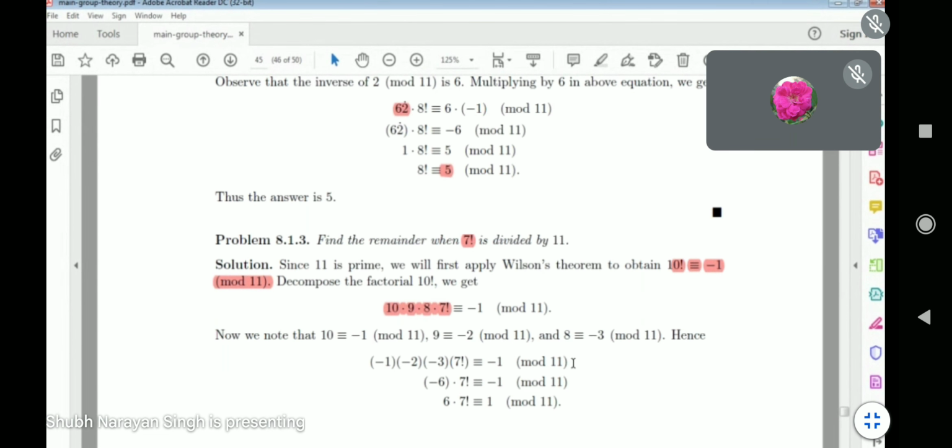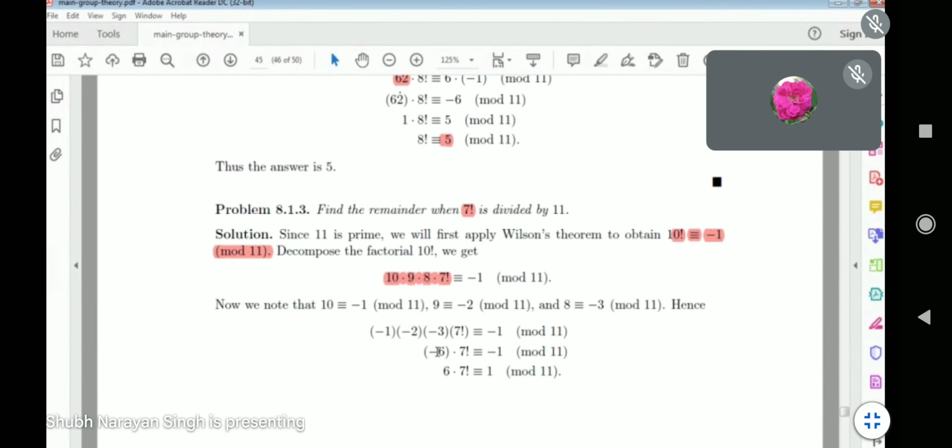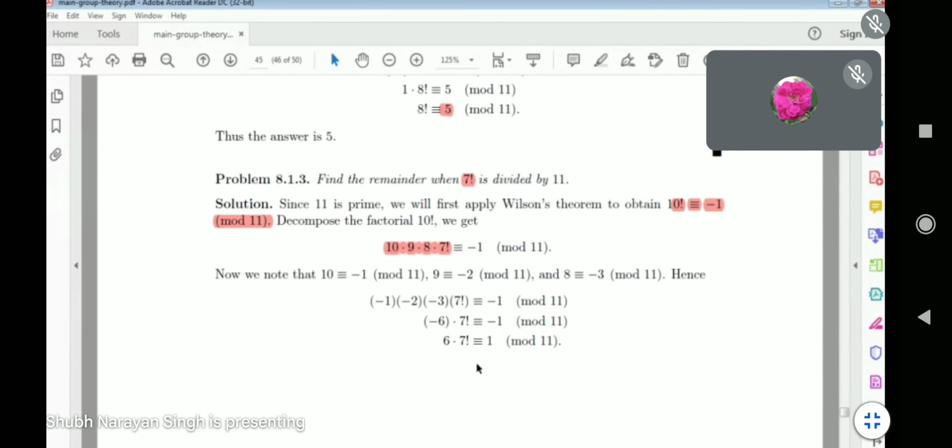Multiplying, you get minus 6 into 7 factorial congruent to minus 1 modulo 11. Finally, remove the minus 1 from both sides, then you get 6 into 7 factorial congruent to 1 modulo 11.